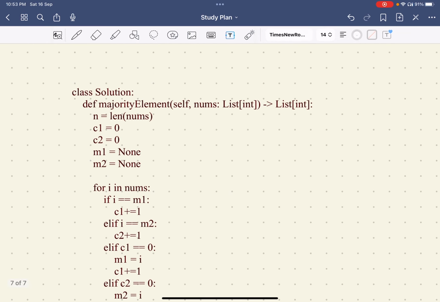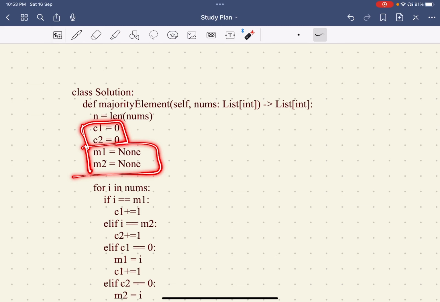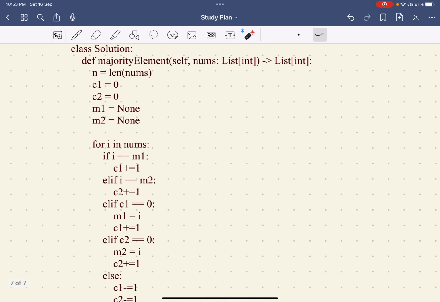Basically, what we did here is create two majority elements, m1 and m2. Initially we keep them as None, and we also create the occurrences of the majority elements, c1 and c2 respectively, and then we have one loop for i in nums, where nums is our array.